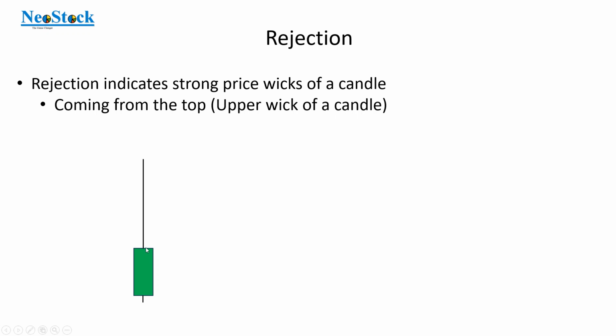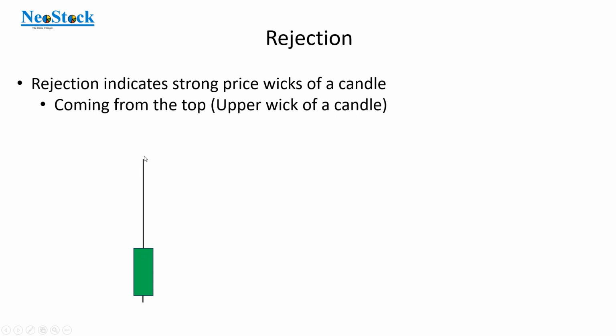Probably this entire candle has a body until this area, and after that prices came down and finally closed here. Forget about the color of this body. It could be red or green, we don't bother. What is more important for us is to understand that at some point prices went up to this point and after that came down again.